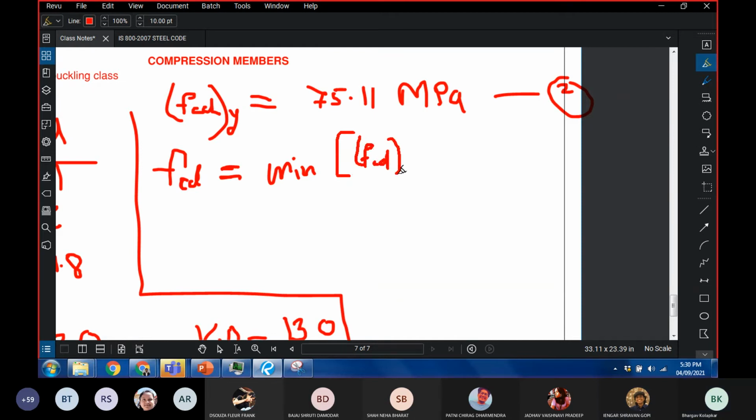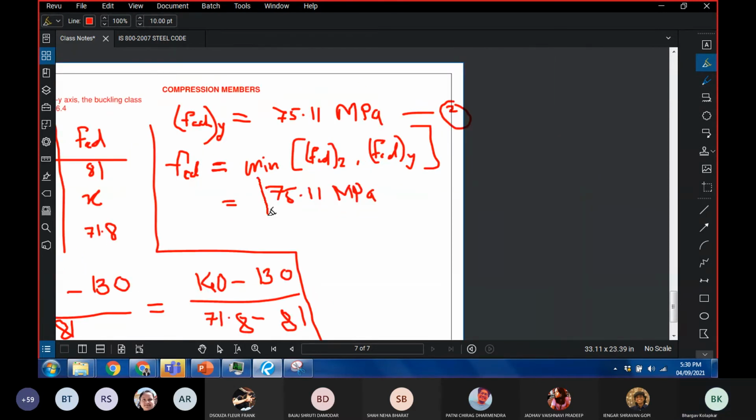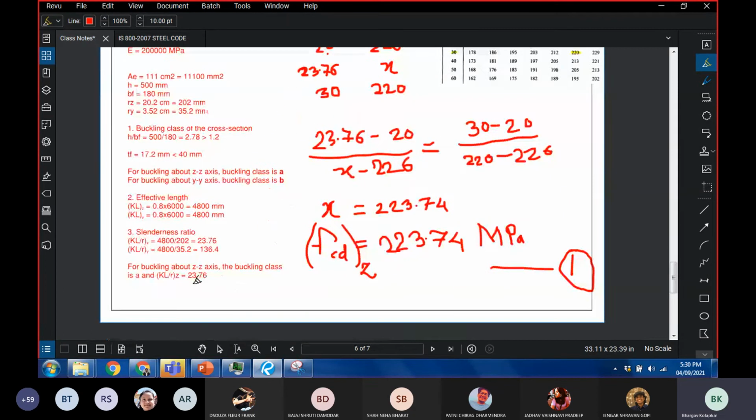FCD for bending about the y-axis is equal to 75.11 MPa. This is our design stress. Now the last step, which is I think step number 4.